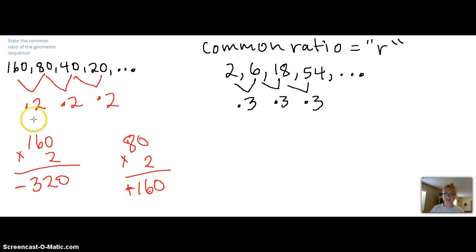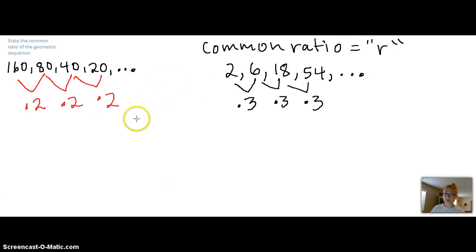Okay, so we know the answer is not 2, but we thought of 2 for a reason, and it's going to be a number that will help us to find the right answer. I want to tell you something about the common ratio in a way that you can always find it and you never have to worry about getting tricked. Okay?